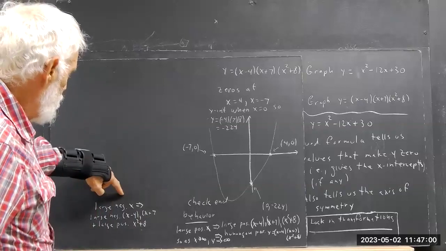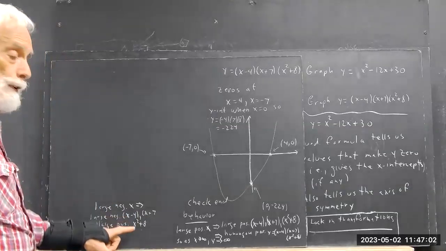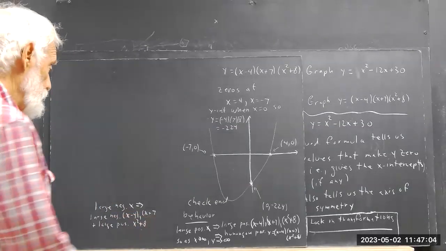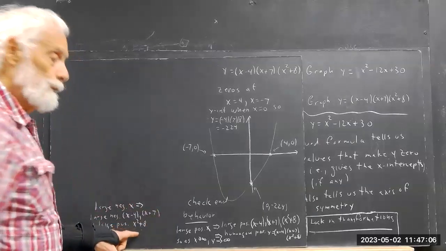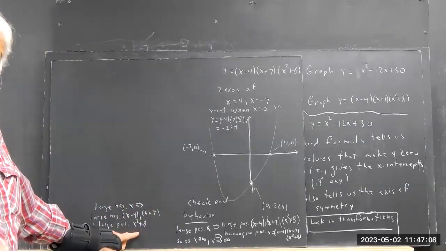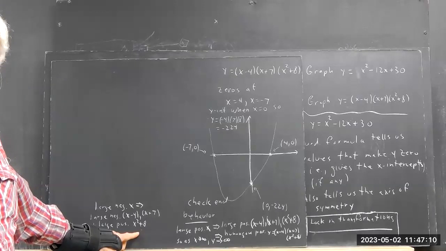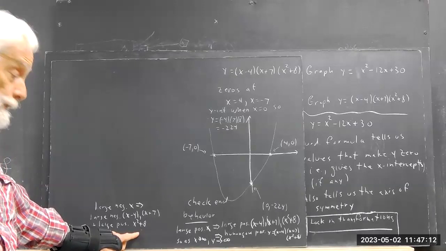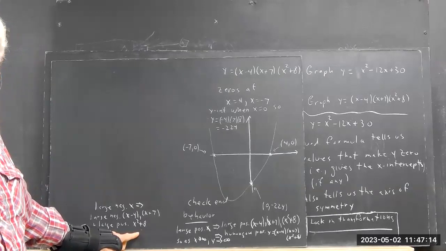Well, if x is a large negative number, then so is x minus 4, and so is x plus 7. Now, x squared plus 8, if you're squaring that large negative number, you're going to get a really big positive number. That's going to be a large positive number.